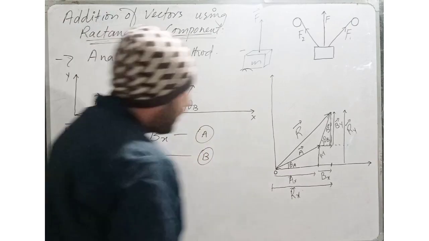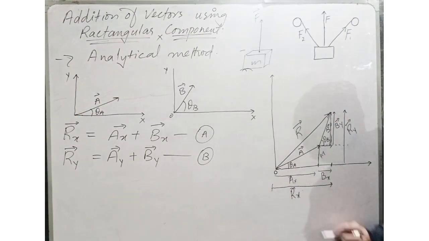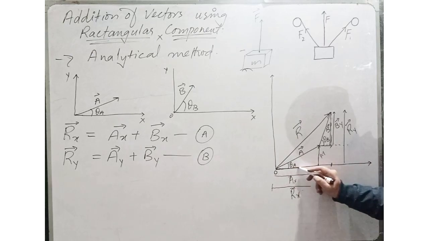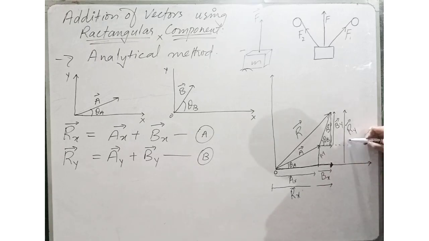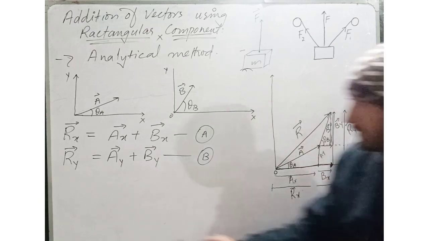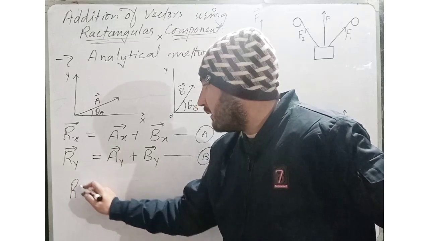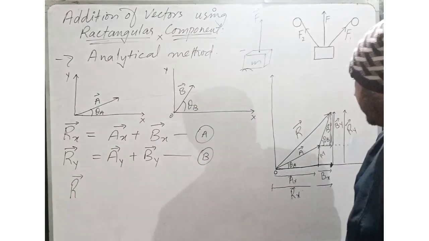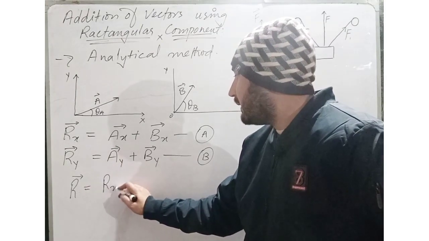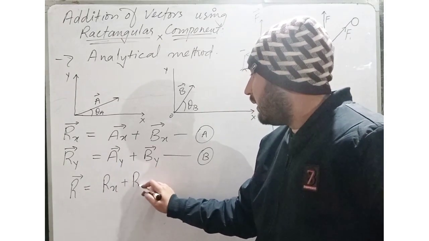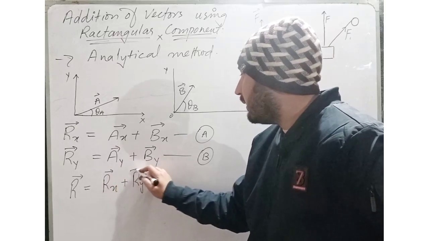Okay, now from the head to tail rule, we can see that if we extend this vector, that is actually the x component of the resultant vector, then we can join the y component from this point, and eventually we are going to get the resultant vector. So from the head to tail rule, we can even write that the R vector is actually the summation of Rx and Ry, right?